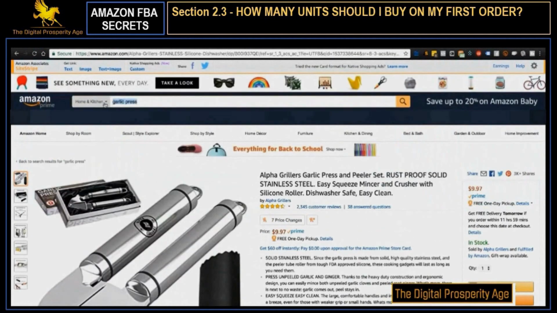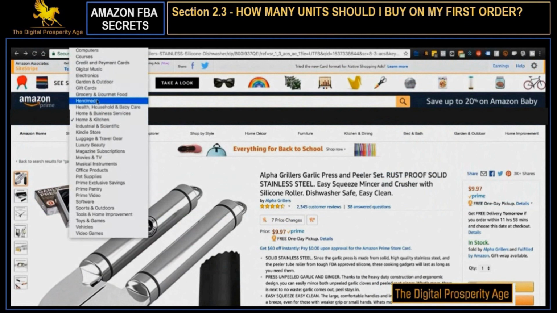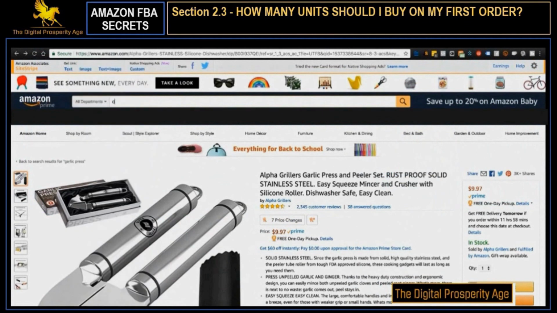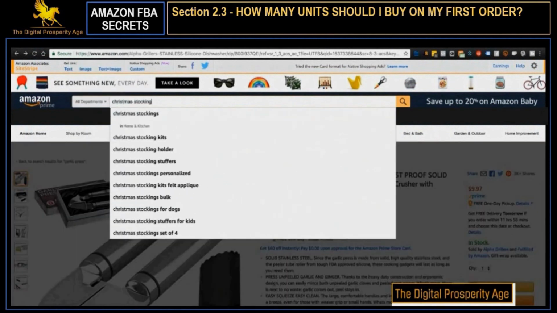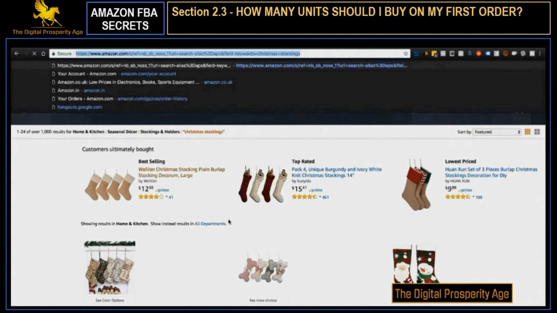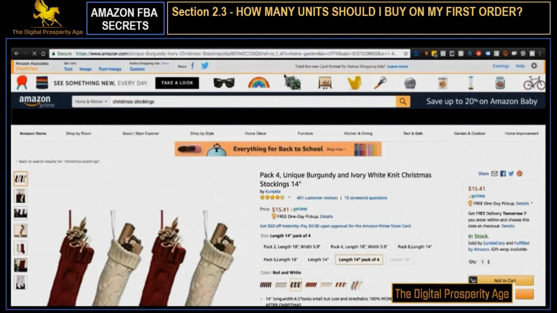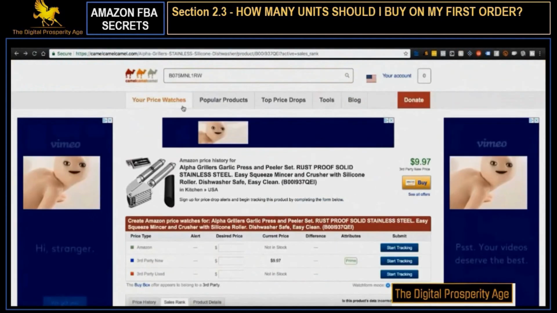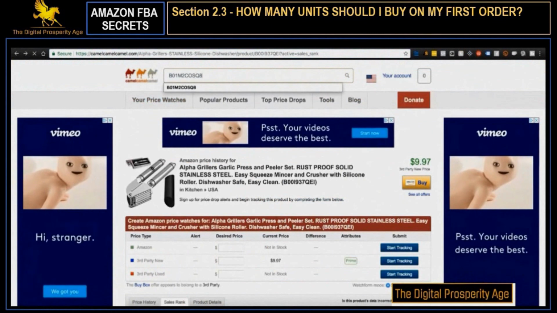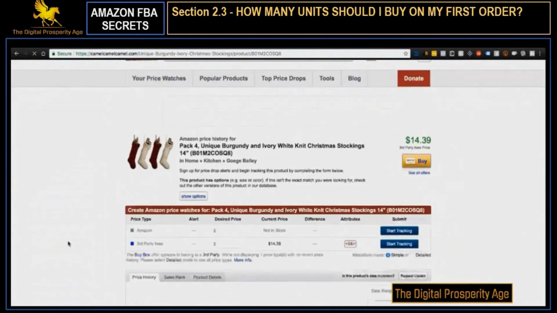But for example, if we went in here and typed in something like Christmas stockings, we might see something different. Let's take a look. We're going to skip the sponsored ones and just come into this top one. Grab this here. We're going to paste this ASIN into Camel.